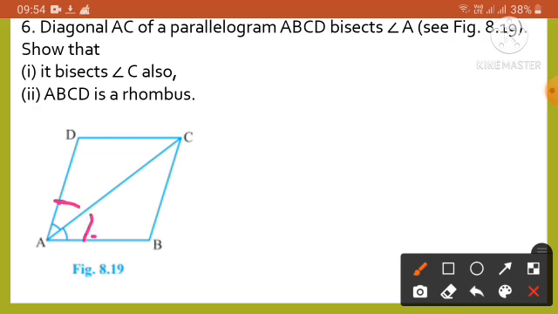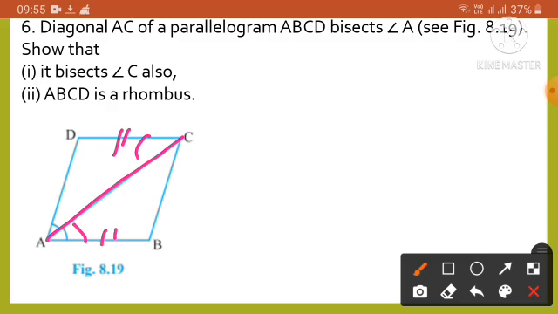Now since ABCD is a parallelogram, AB is parallel to DC and AC is the transversal here. So this angle is equal to this angle, as those angles are alternate interior angles, and we know alternate interior angles are equal.